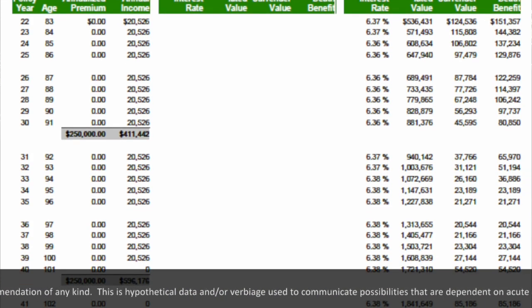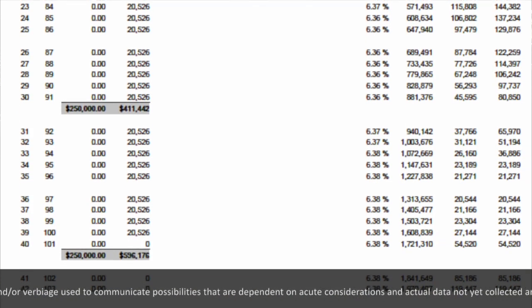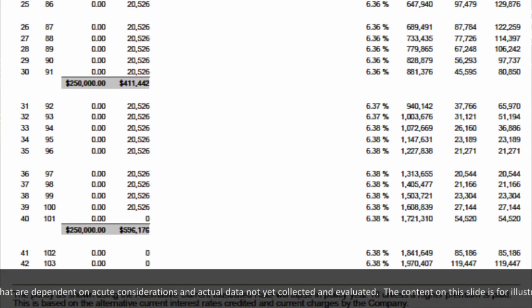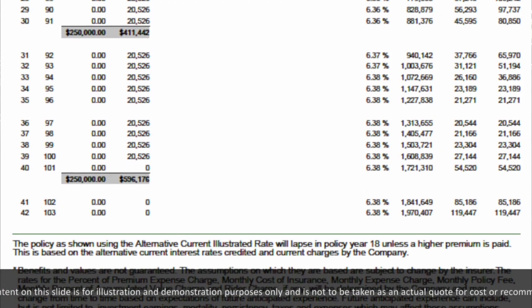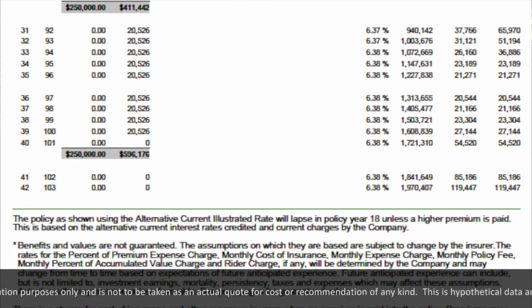Okay, age 120. Now, what I want to refer you back to, when you may have a question about the alternative current illustrated rate.